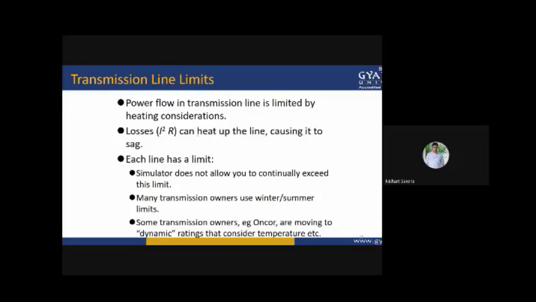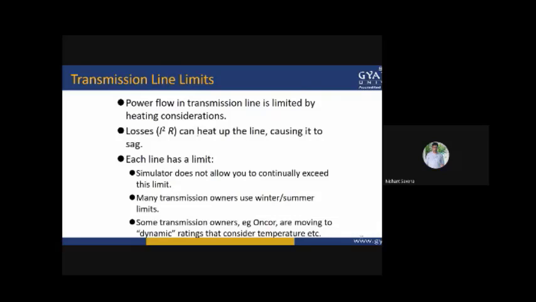Many transmission owners use winter and summer limits. That means we have different scenarios in winter and in summer. With a decrease in temperature, the sag reduces and the tension on the transmission line increases. But in summer, when the temperature increases, the sag increases, and due to that the tension is reduced somewhat.